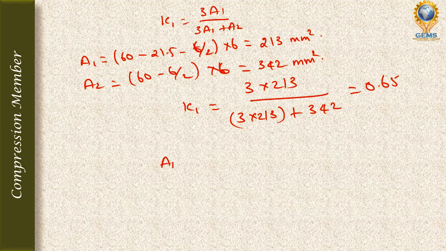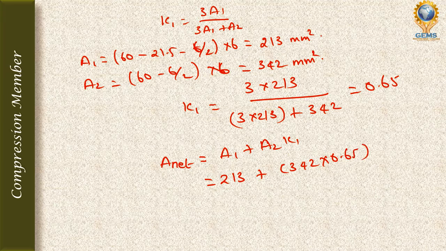So our area of the net is equal to A1 plus A2 into K1. A1 is 213 plus A2 is 342 into 0.65. So our area of the net is equal to 435.3 mm square.